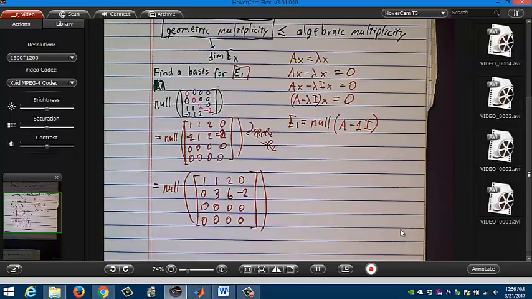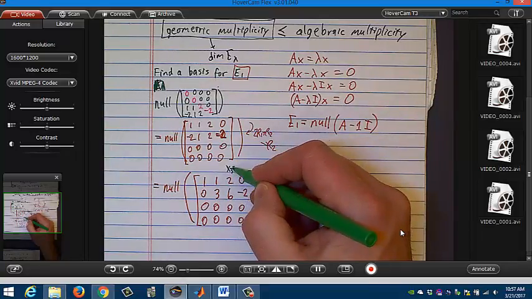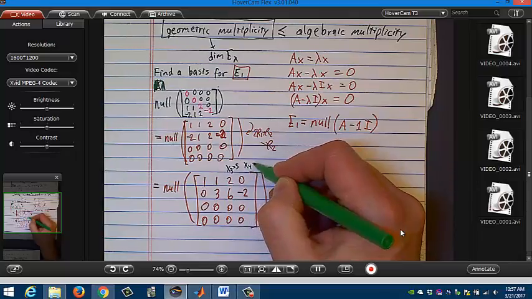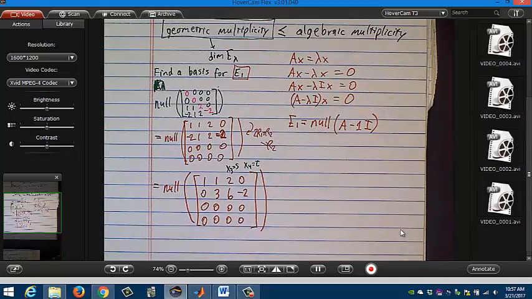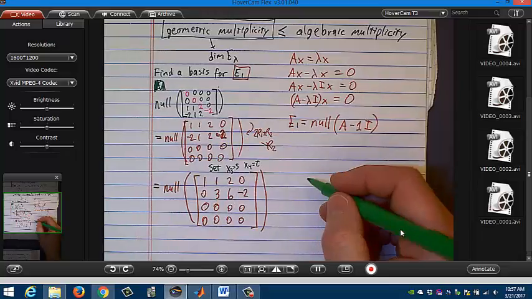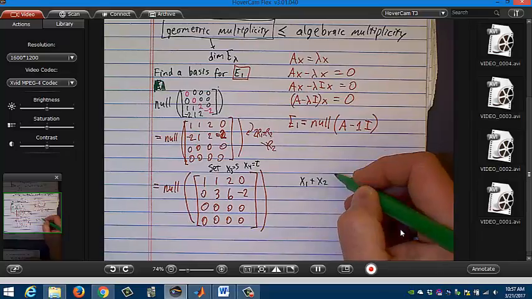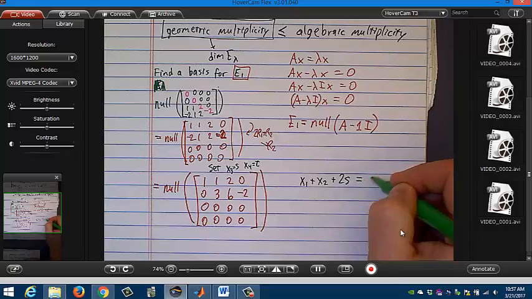Okay. How many free variables are there? 2. There are 2 free variables. Right? So I'll set x3 equal to s, and I'll set x4 equal to t. So then I can write the equations. After I do that setting, the top equation says x1 plus x2 plus 2s equals 0.